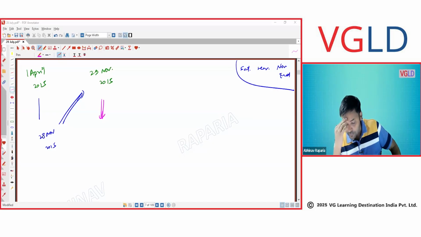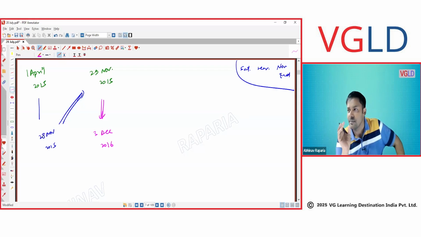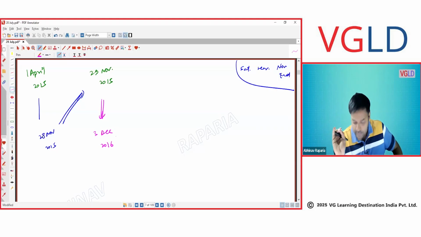Which is closer? 3rd December is closer. But we are going into December. Does not matter. What we are looking at is when your month is ending and the closer date. That's all we are looking at.